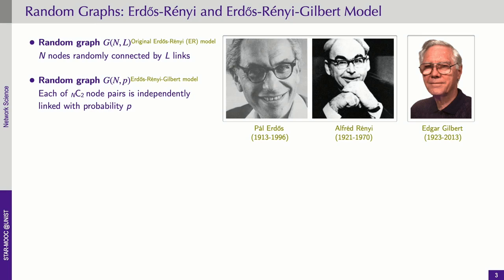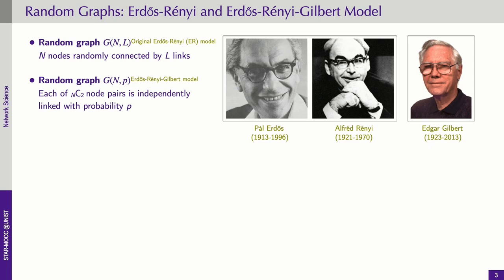Simply put, you are supposed to link the n vertices with L wire segments. So not only the number of vertices, but also the number of edges are fixed. However, the G(n,p) model is defined with a total number of vertices n and the probability p of linking an arbitrary pair of nodes.